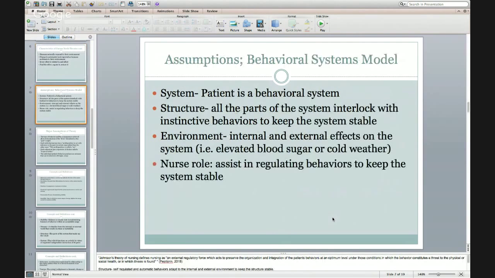So assumptions of the behavioral systems model include that the system is a patient or a person, and they're a system of behaviors. Structure: all parts of the system interlock with instinctive behaviors to keep the system stable. So humans exhibit different behaviors for different subsystems that will keep the system as a whole intact.